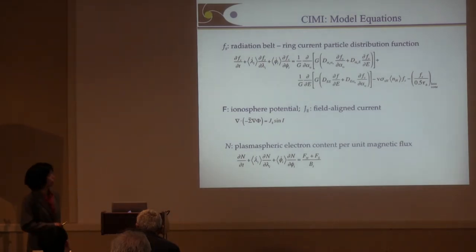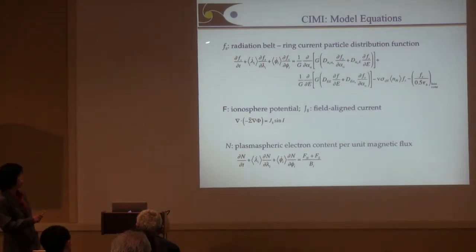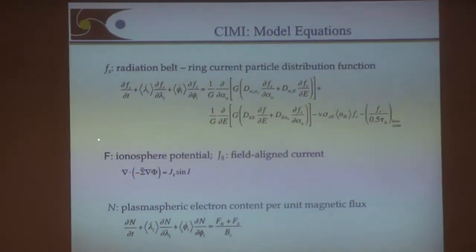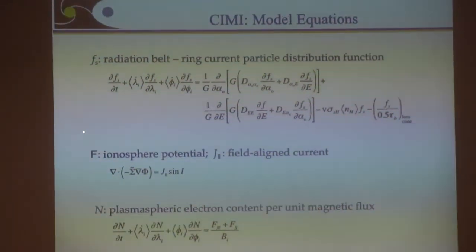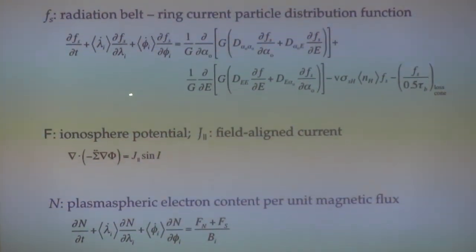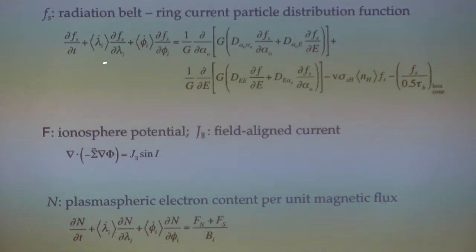And these are the model equations. These are the three major equations we solve in the model. This is the Boltzmann equation for the energetic particles. We consider drift of the particles and energy diffusion in the velocity space, which mainly comes from wave-particle interaction.